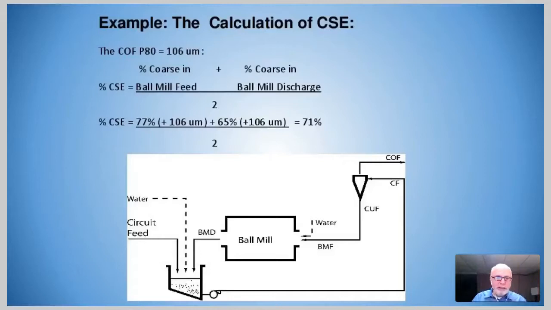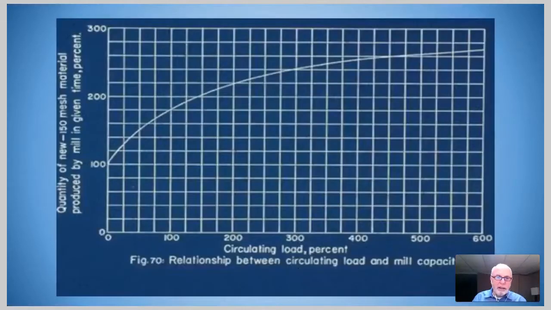Now, Professor Davis also ran a pilot plant in which he operated his circuit first in open circuit, that is with a circulating load of 0, no classification equipment. Then he closed circuited his mill with a classifier and ran it at increasing circulating load ratios.